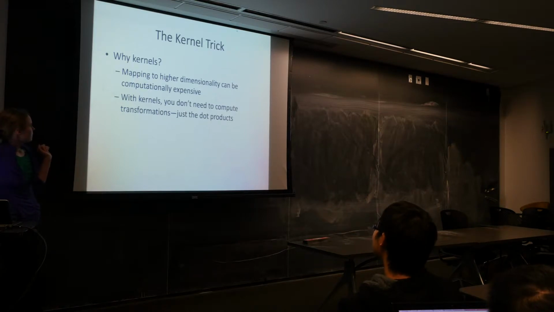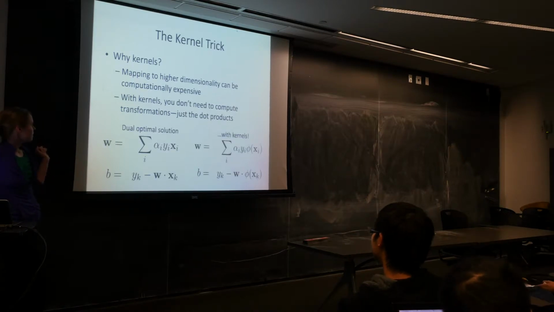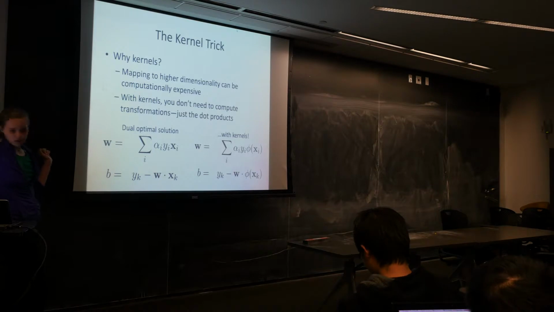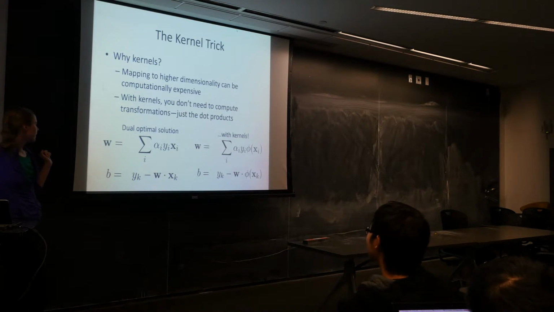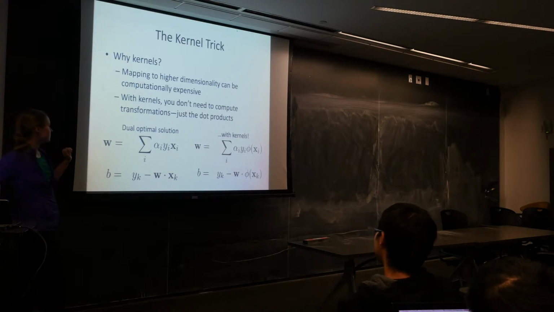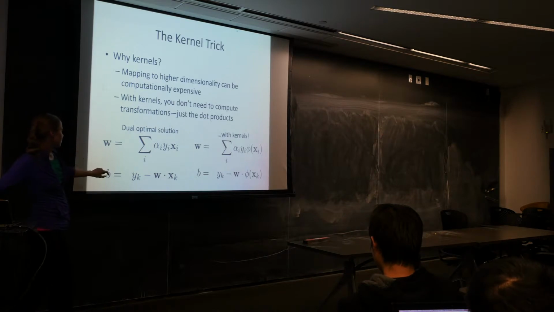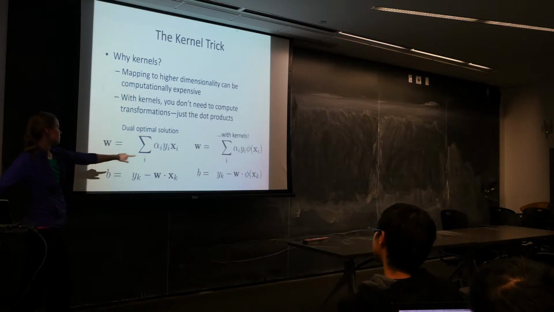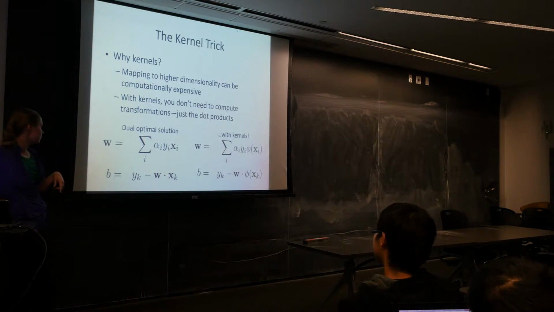You don't have to compute transformations. So with kernels, for these points, you just go through and compute the transformed value to get your solution in the kernel space.